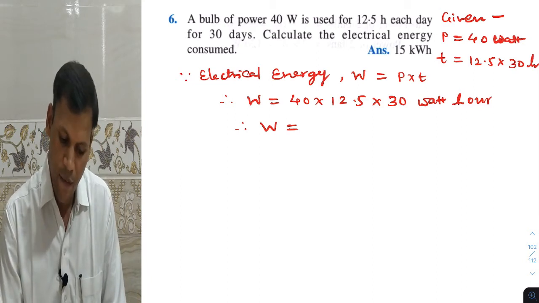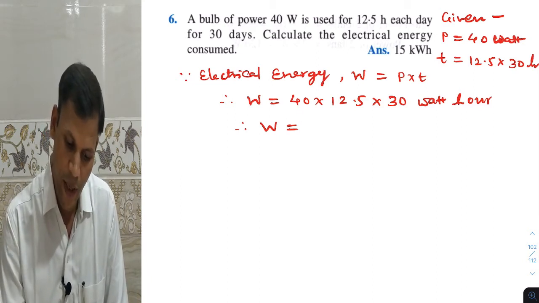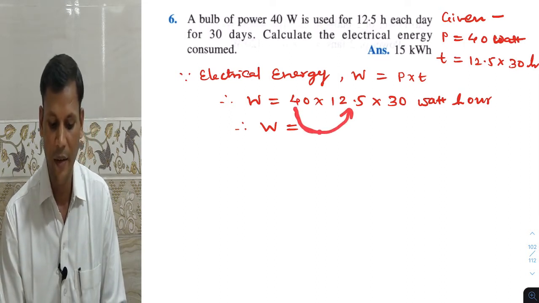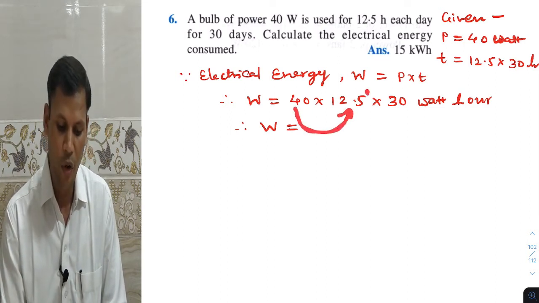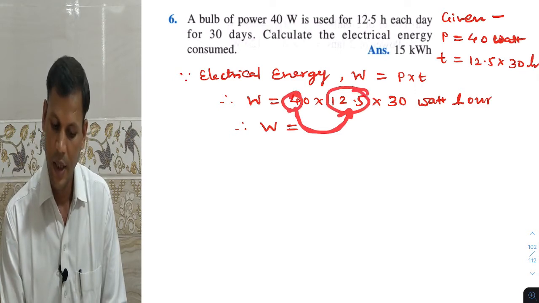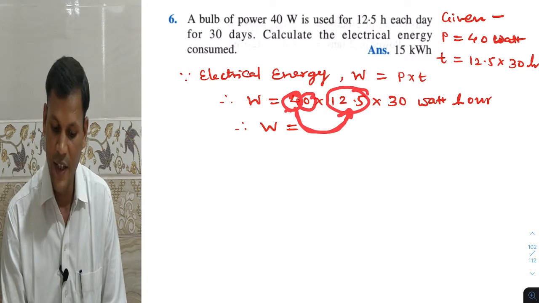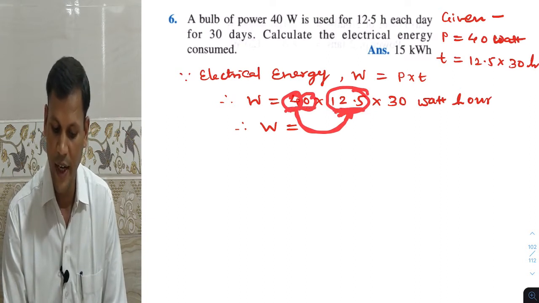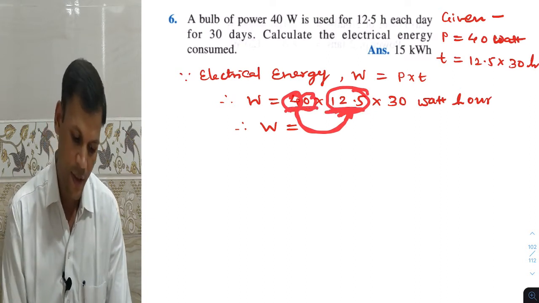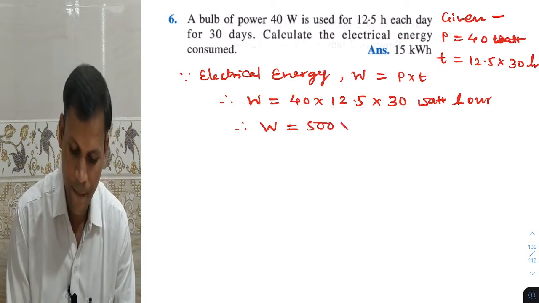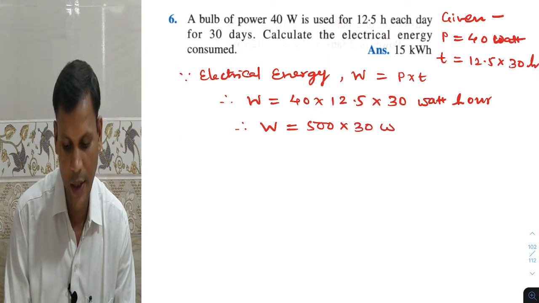I am going to multiply 4 by 12.5, so it will be directly 50. 4 into 12.5 will be 50. So 50 and one more 0, so 500. This term multiplication becomes 500 into 30. So overall it becomes 500 into 30 watt hour.